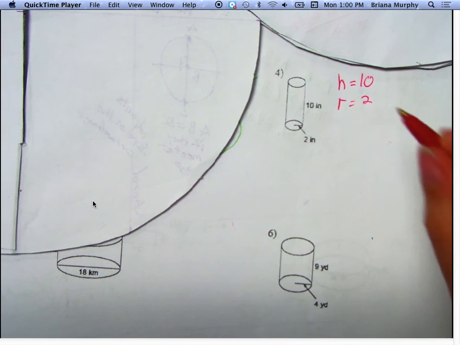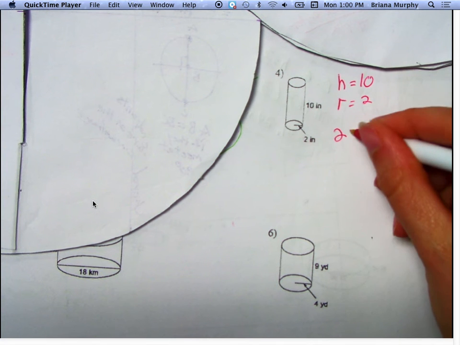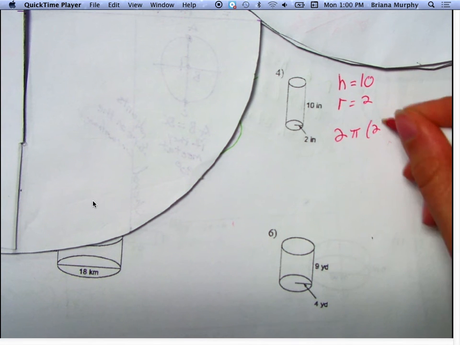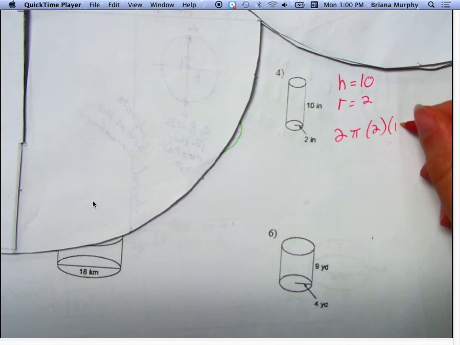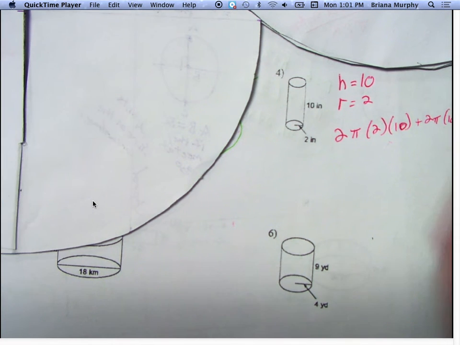Good. So I'm going to find surface area. So I'm going to go 2 pi 2 times height plus 2 pi 10 squared. So I'm going to put that in my calculator. I like to put it all at once.